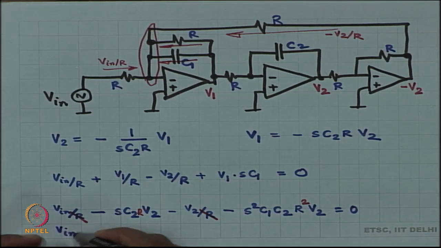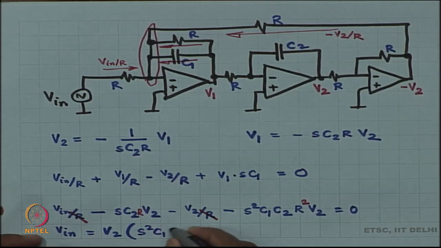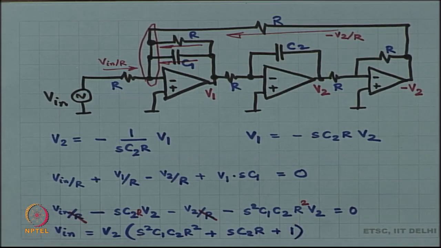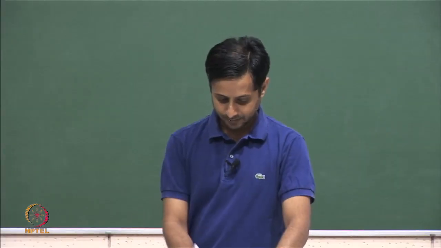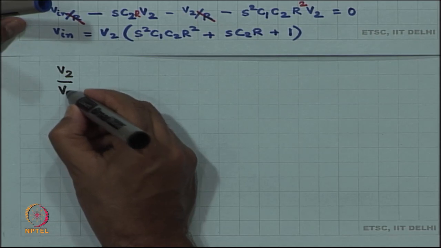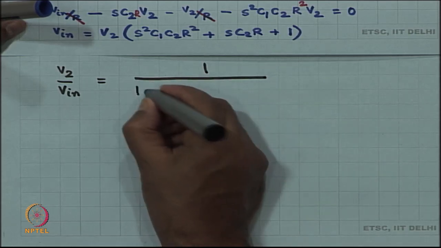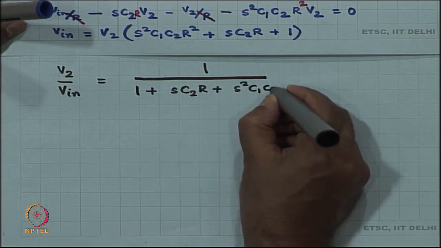So, V in is equal to V 2 into S squared C 1 C 2 R squared plus S C 2 R plus 1, all right, or in other words, you have created V 2 by V in is equal to 1 by 1 plus S C 2 R plus S squared C 1 C 2 R squared.